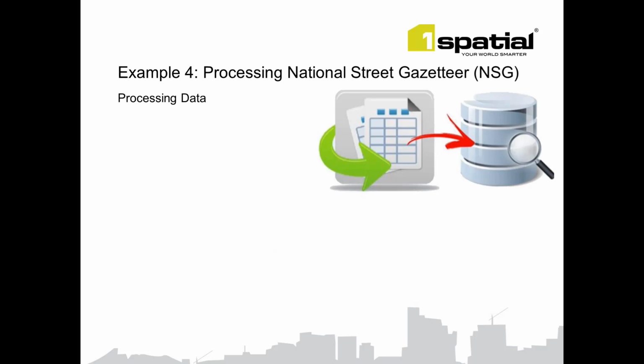Okay, next example, processing a spreadsheet you get repeatedly. So in this case, the National Street Gazetteer. The NSG, well, it contains the definitive information for streets in England and Wales. It's available to organisations with a statutory duty to coordinate street works, or basically anyone who typically digs up the road.